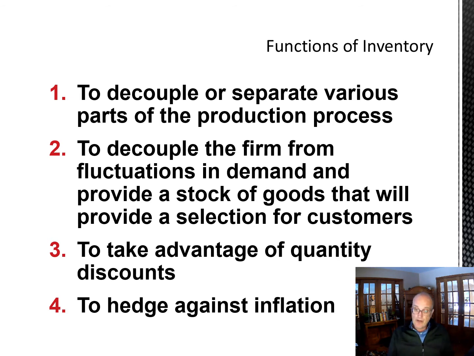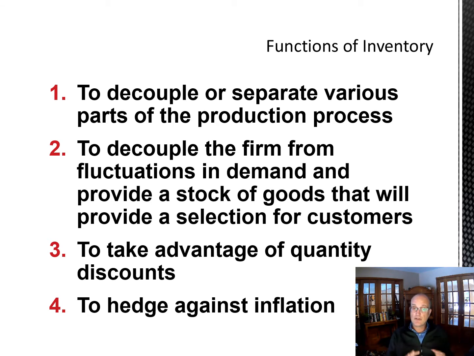So it provides a buffer so that if one system or one part of the system breaks down or has problems, the next part of the system can continue to run. So if there are different processing rates or different maintenance schedules, inventory allows that process to continue to work while those disruptions occur.